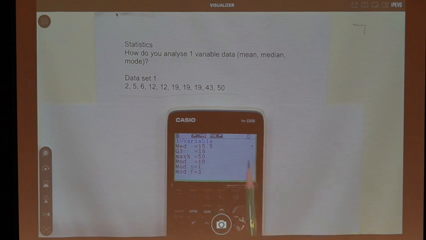Maximum, and mode is 19. There are 3 of them, so the frequency of the mode is 3, and there's only 1 mode. Alright, our mighty calculator does help us with those numbers.